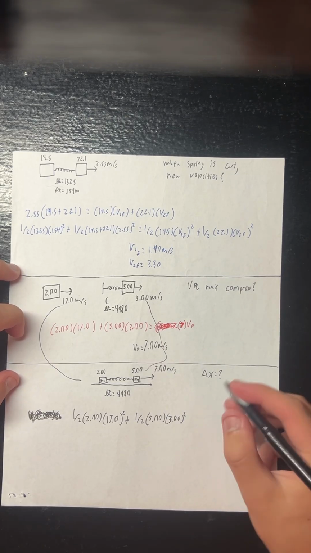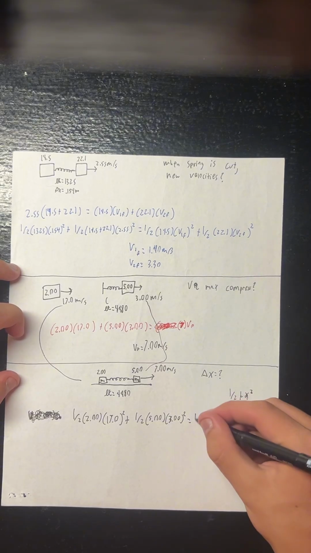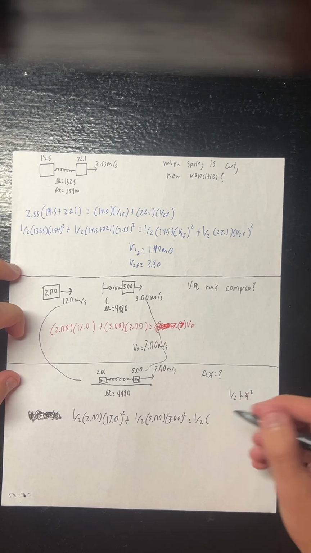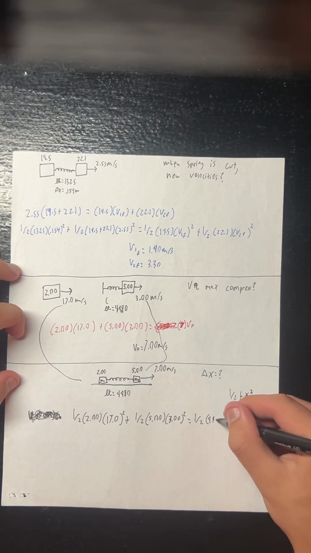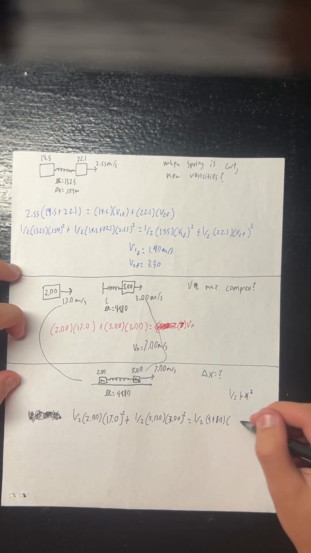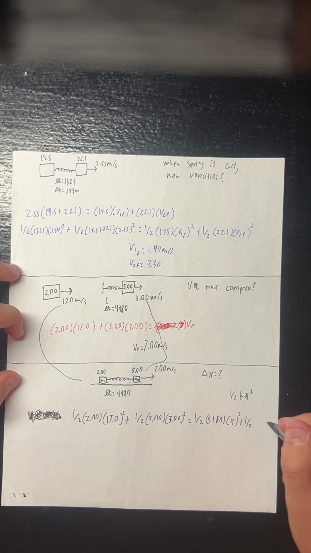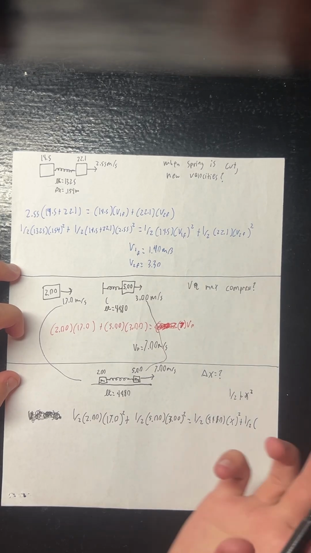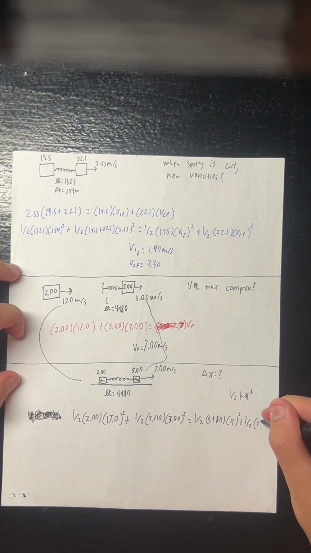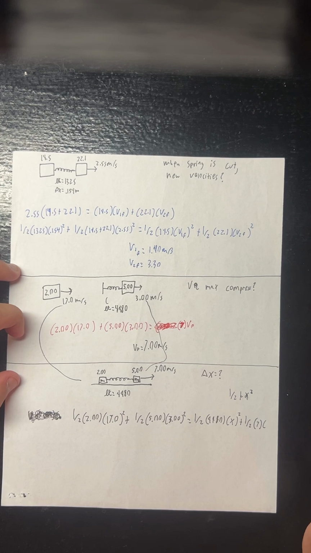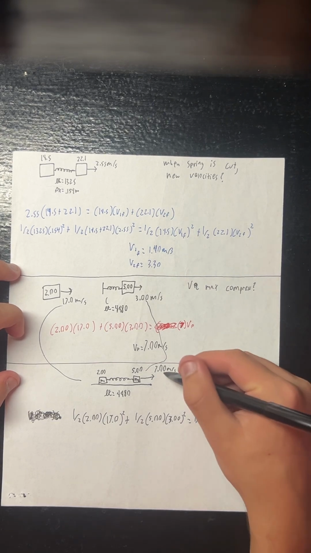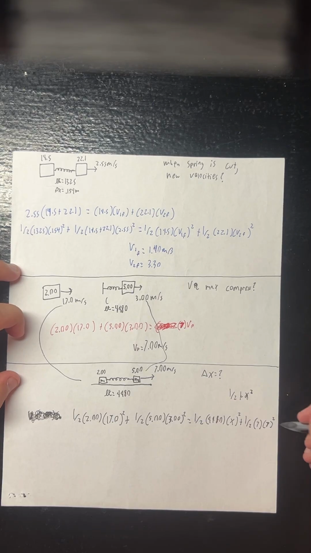And now that is going to equate to 1/2 kx squared, right? K is 4480 times our variable x squared, and that is going to be plus the 1/2, and then masses combined, so 7 v squared. So that's going to be 7, because, right, final velocity is 7 squared.